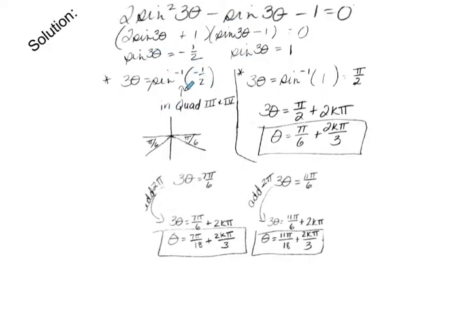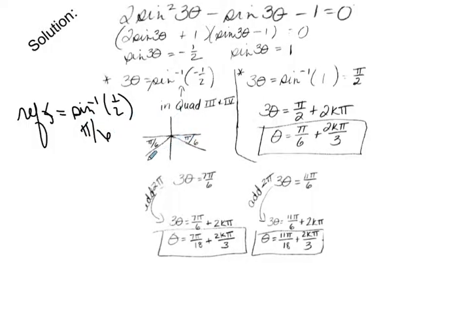So I knew that my reference angle here was pi over 6. Really, to find the reference angle, remember, I take the inverse sine of the positive, which is very nice, but I could do it in my calculator, but I know very well that the reference angle is pi over 6.